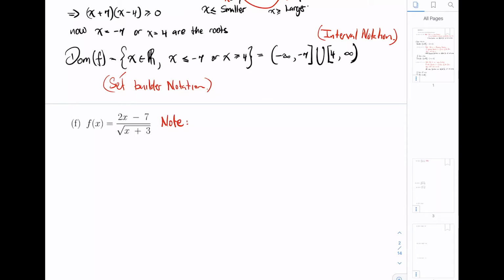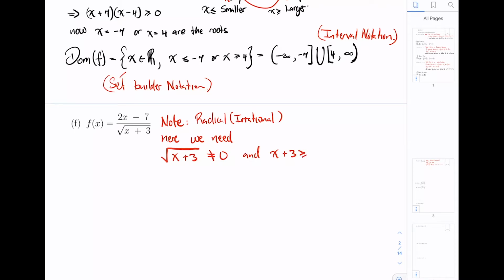Note that this type of function is a radical function, otherwise called irrational, and we talked about the properties that cause a function to be irrational before in the previous question, part E. So here, we need the square root of x plus 3 to not be equal to 0, and we need x plus 3 to be greater than or equal to 0. Okay? So we need to find a way to satisfy both of these conditions.